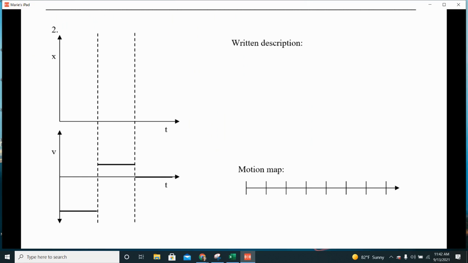So I'm going to start with going from my velocity versus time graph to my written description, and then I'm going to do my position versus time graph. I feel like that's generally an easier way to go than to just go from your velocity to your position versus time graph. So the first thing I want to mention is this.